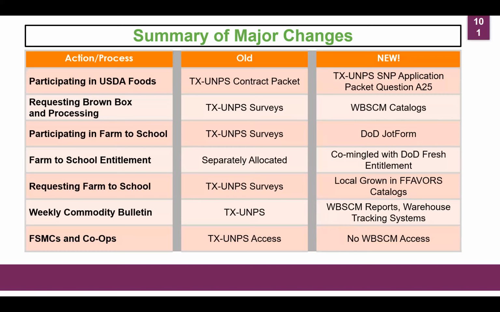Previously, you would request your farm to school in TXUMPS, and now this is in FAVORS. Prior, your weekly commodity bulletin was in TXUMPS. Now you will use WebSCM reports and your warehouse tracking system to get that information. Previously, FSMCs and co-ops had access to TXUMPS. Now they will not have access to WebSCM.